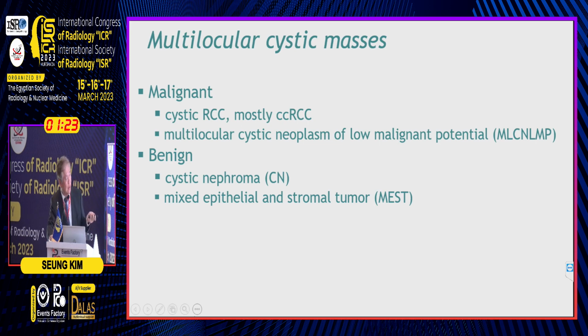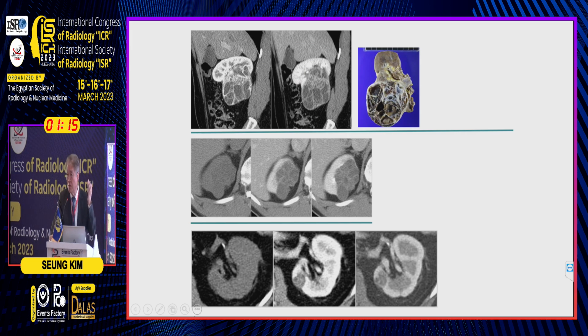And the 2 benign categories are cystic nephroma and mixed epithelial and stromal tumors. So when you see this kind of multilocular cystic mass, think about those two malignant categories and two benign categories. The first one, with a multilocular cystic appearance, very complicated irregular septa, and some areas forming a solid portion, and this is the gross pathology.